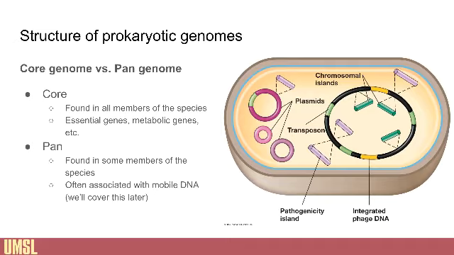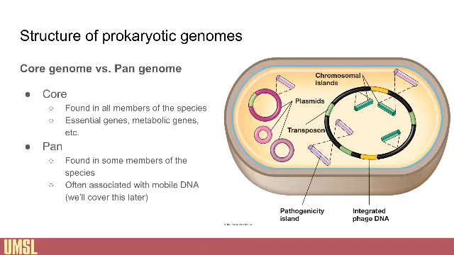Now, if I were to look at the genomes of all of these differentiated subspecies of Salmonella, I would find wild differences in all of them. We'll get to some of this today and on Thursday.